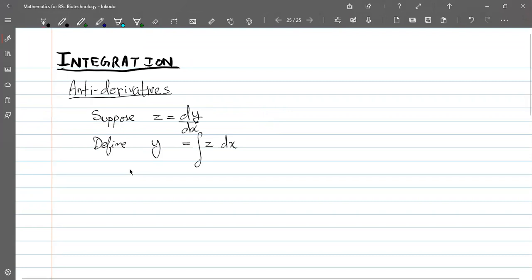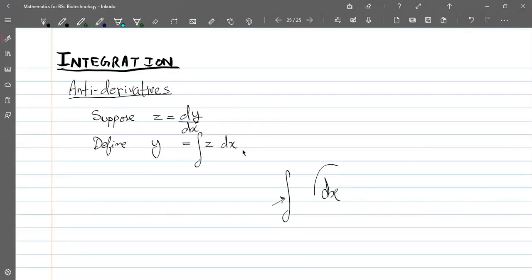So then we say y is the antiderivative of z with respect to x. This is also called the integral of z with respect to x. This sign is the integral sign, specifying that you're integrating with respect to x. Just like you differentiate with respect to some variable that you would specify, you have to integrate with respect to x. This is just the notation for integration.